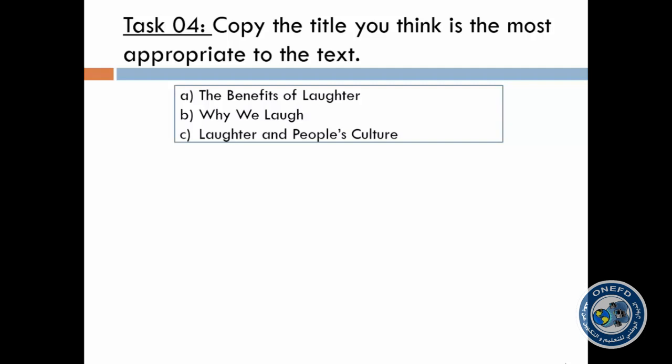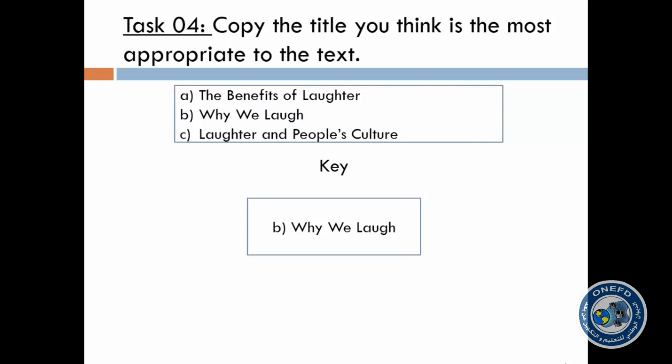Or C, laughter and people's culture. Remember, the text speaks about the causes of laughter, inappropriate situations that generate laughter, and the spontaneity of laughter. So we would think that choice B is the most appropriate.